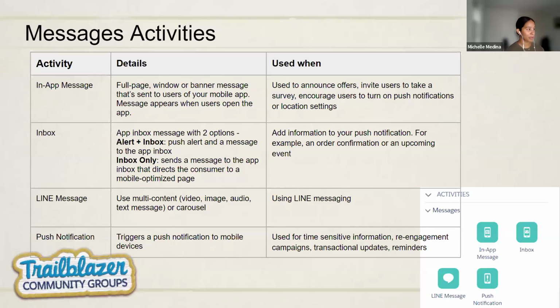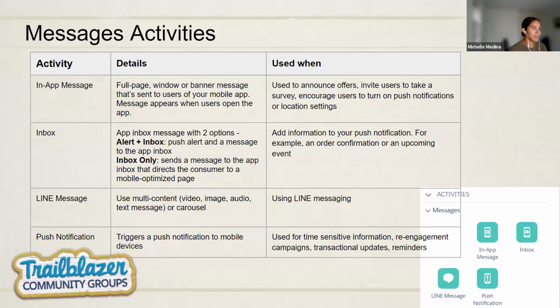And then the other activity right below that is the inbox activity. So the app inbox activity has two message options. You can do the alert and the inbox, which is a push alert and a message to the app inbox, or you can just do the inbox only. So it sends a message to the app inbox.